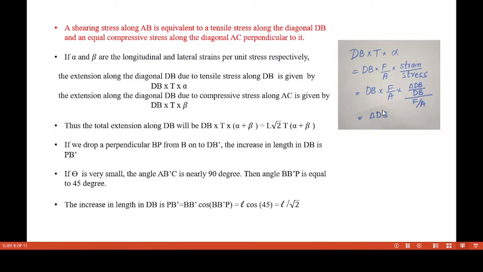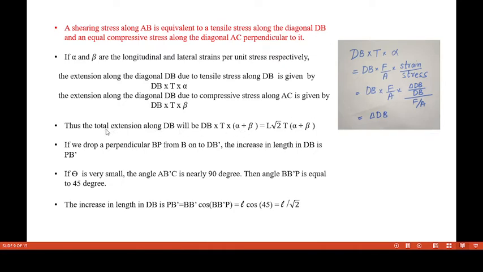So finally delta dB is the extension or the elongation or the additional length caused by the tensile stress along dB. So similarly we can obtain the extension along dB caused by the compressive stress along AC, which is dB into T into beta. You can verify this in a similar way.